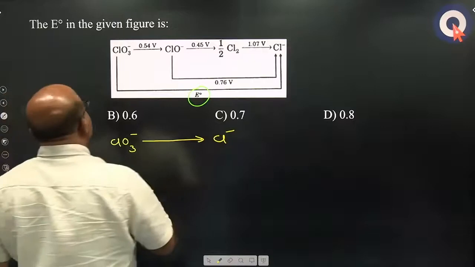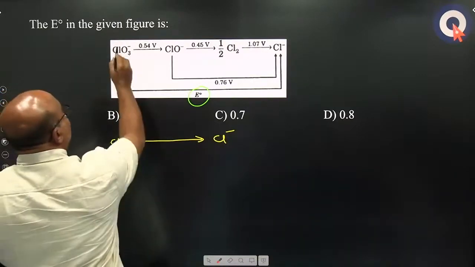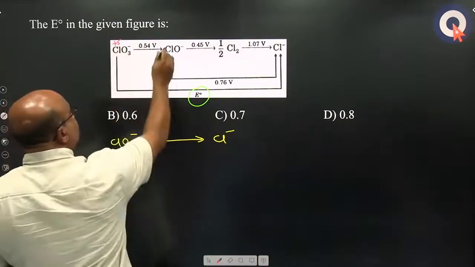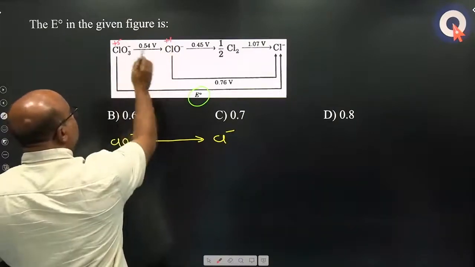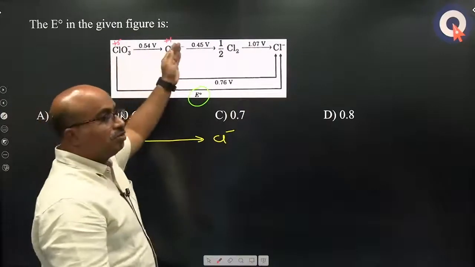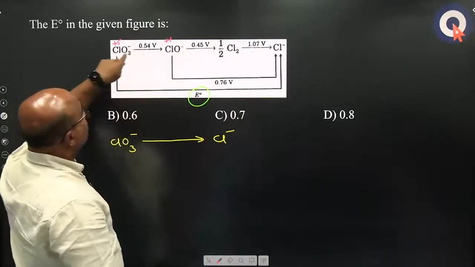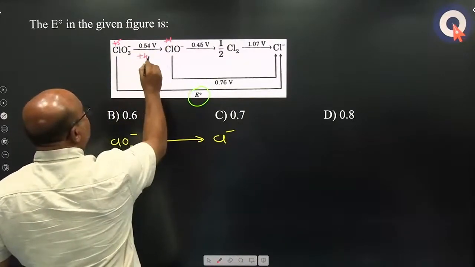Here, for the total number of electrons involved, what is the oxidation state of chlorine here? +5. What is the oxidation state of chlorine here? It's +1. So the total number of electrons involved in this process, the n factor, is nothing but 4. It's +5 to +1, so 4 electrons are gained here.